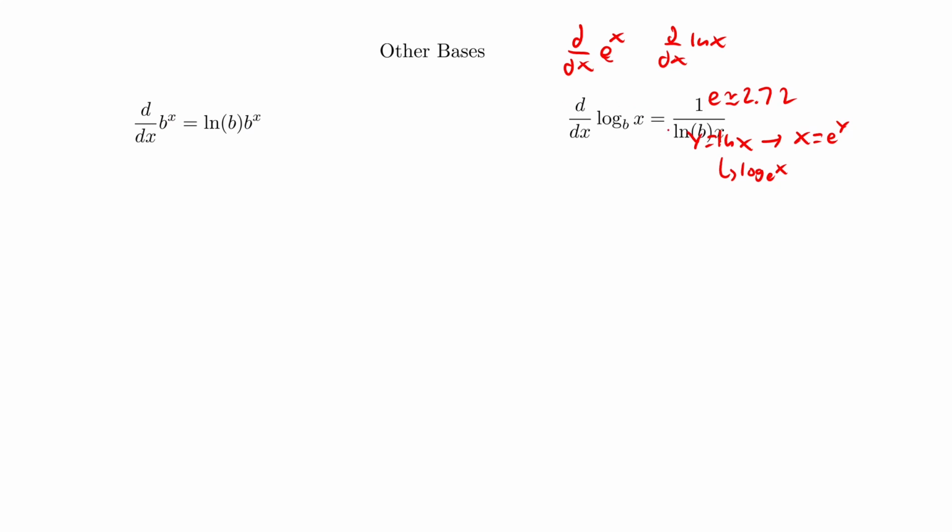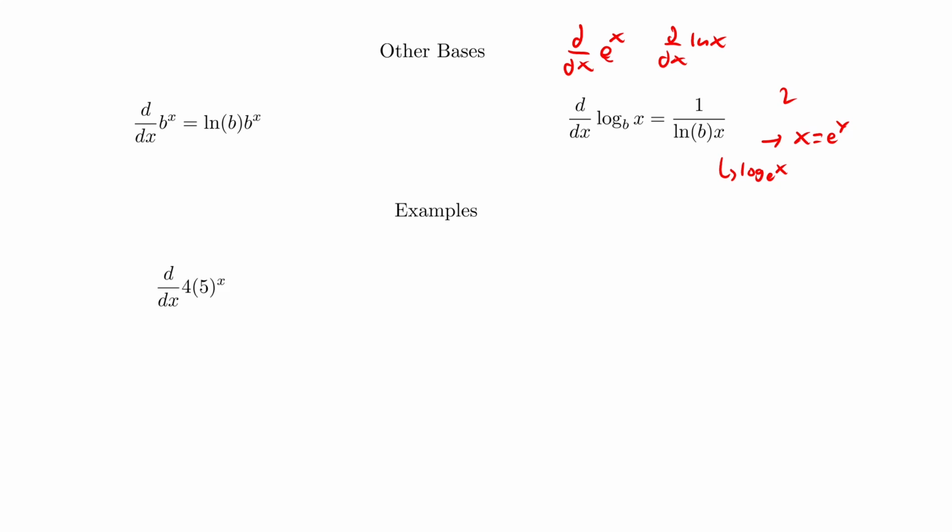And then if we have the derivative of the log base b of x, that's going to be 1 over the natural log of b times x. So that is our generalization here.